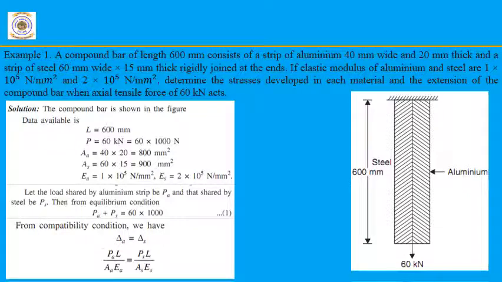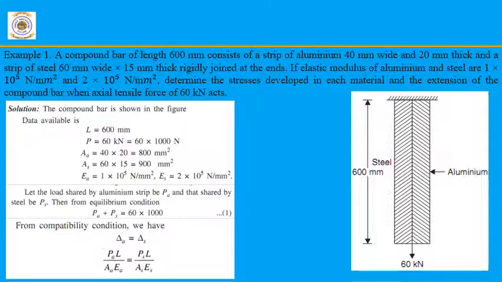From the concept of composite material, we know the extension of material 1 should be equal to the extension of material 2. So we know the equation PL by AE.